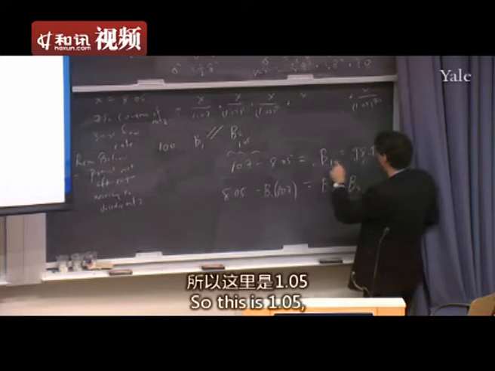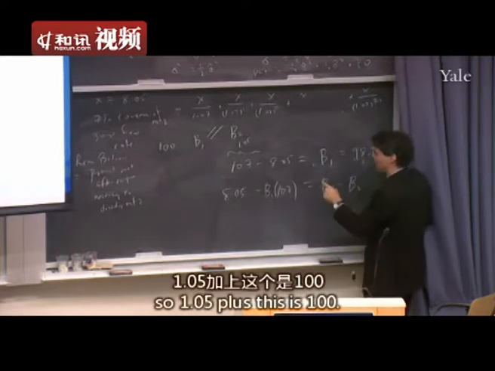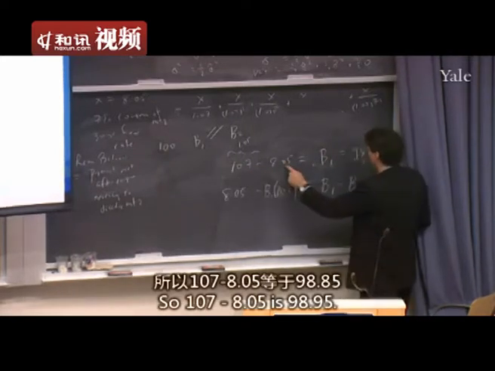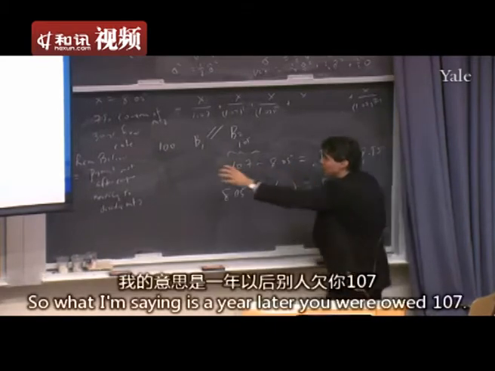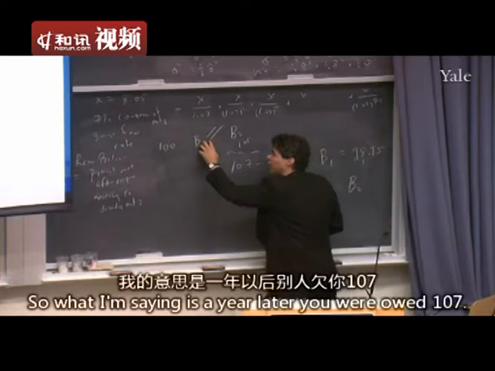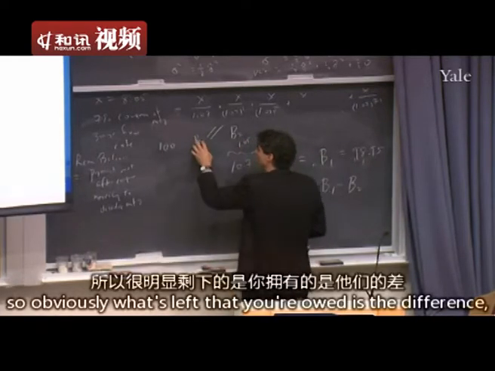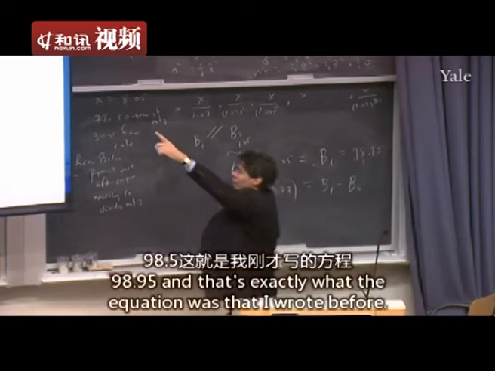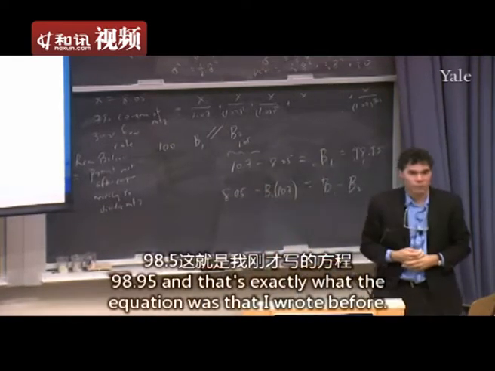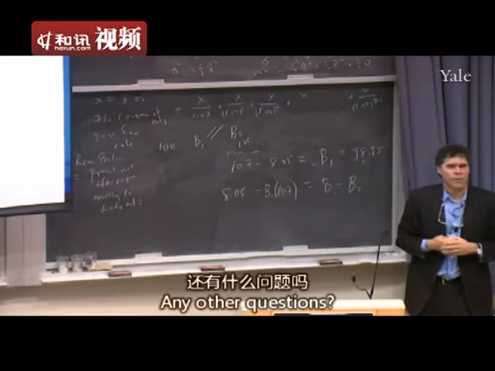So this is 1.05, so 1.05 plus this is 100. So 107 minus 8.05 is 98.95. You agree with that, right? Okay, so what I'm saying is a year later, you were owed 107, you were paid 8.05, so obviously what's left that you're owed is the difference, 98.95, and that's exactly what the equation was that I wrote before. Okay, any other questions?